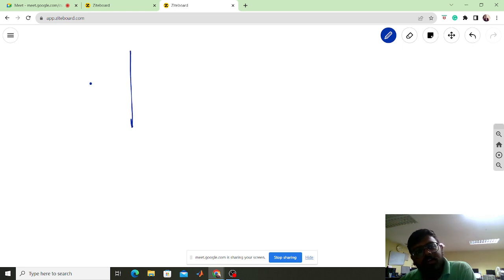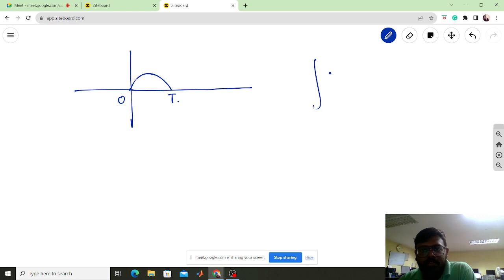Suppose you have a signal like this, from 0 to T. This is x(t), and this is the direction t.